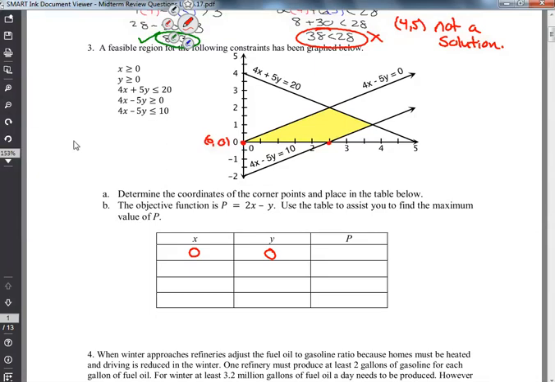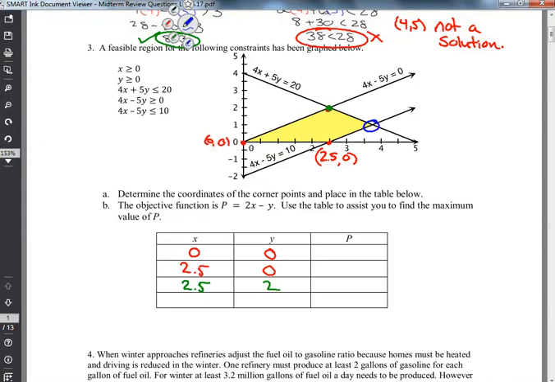This one, I know is (2.5, 0). This one here looks like (2.5, 2).